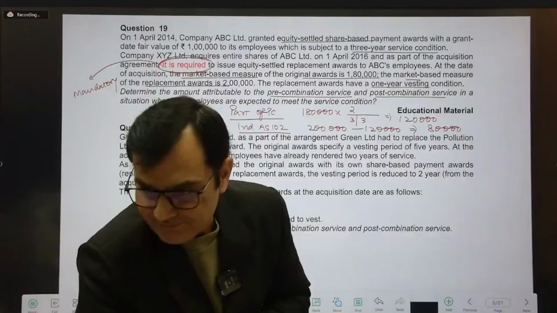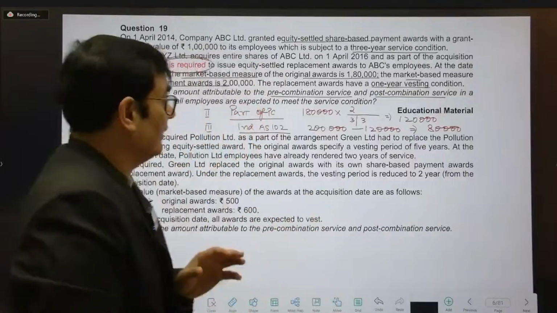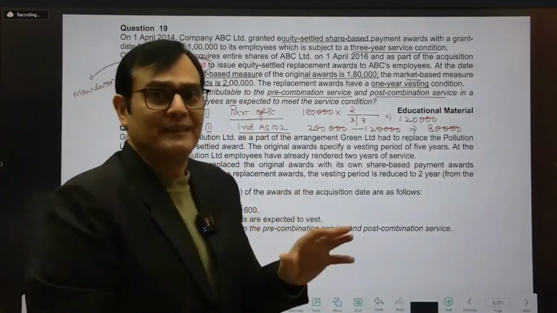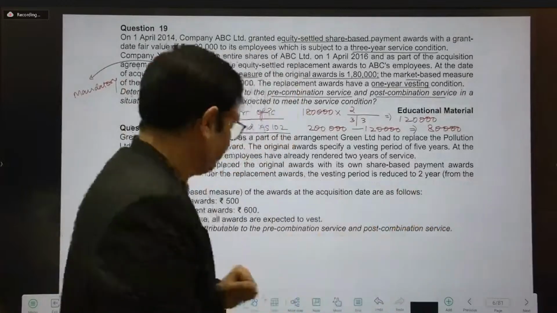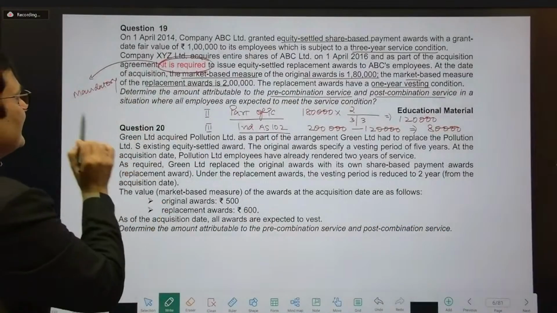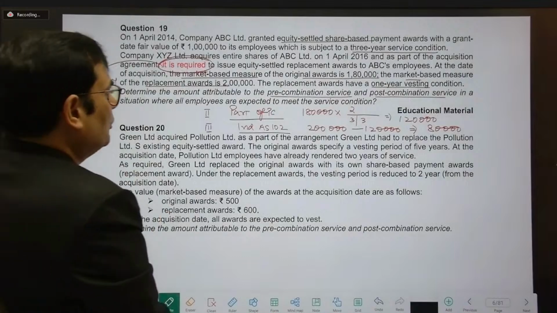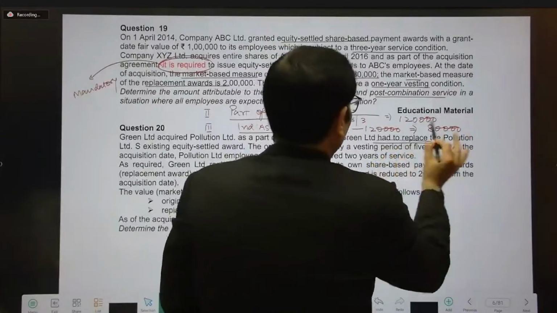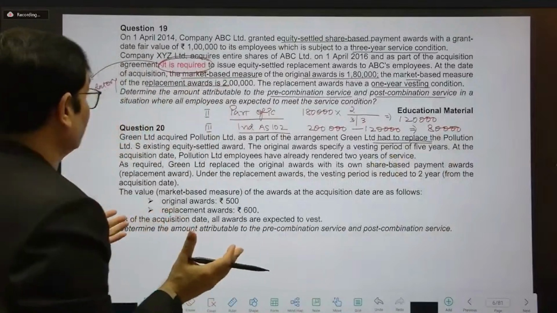Super. Okay, now let's try a last question on this area before we take a discussion to pre-existing relationship. Let's go to question number 20. It says Green acquired a company as a part of the replacement and it had to replace.